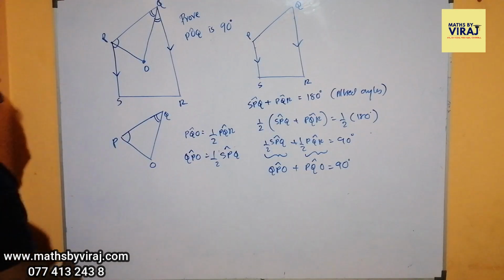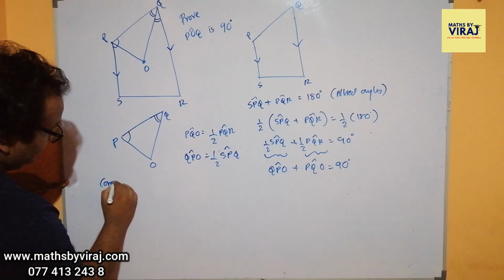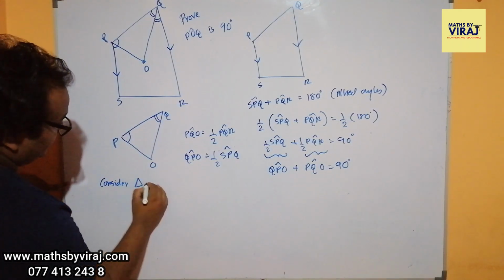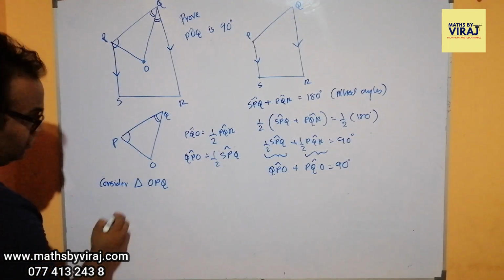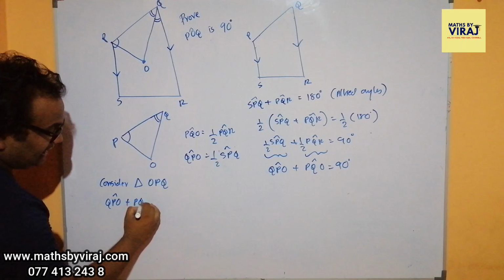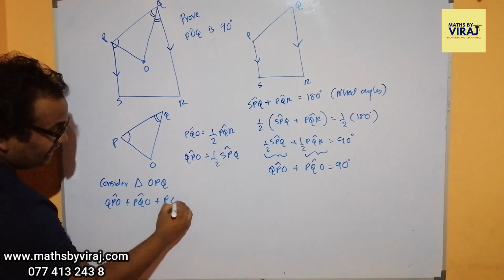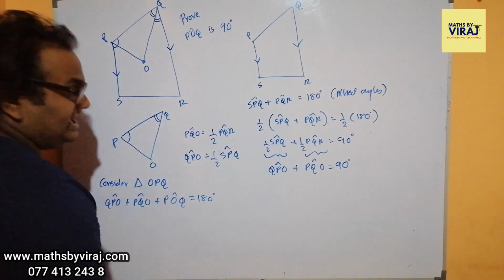Fine. So, if I consider triangle OPQ, now, QPO plus PQO plus POQ is equal to 180. Why?